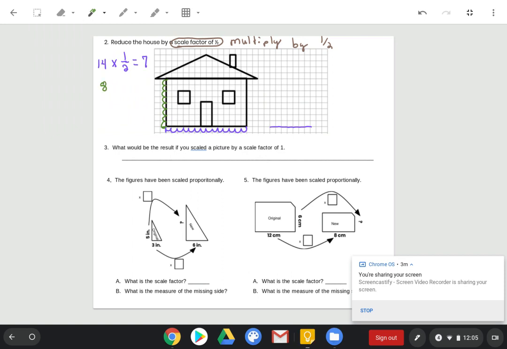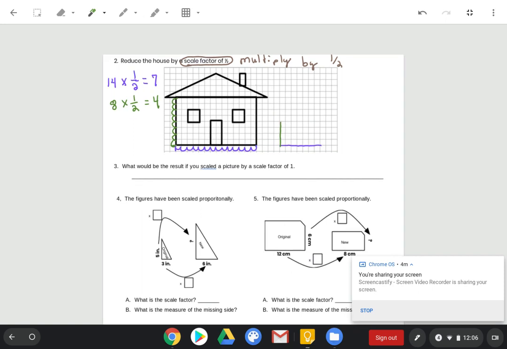And remember, I asked you to apply a scale factor of a half. That just means I need you to multiply by 1/2. So 8 times 1/2 is 4. So the corresponding side is going to be 4 units long. So I'm going to make that side 1, 2, 3, 4 units long.